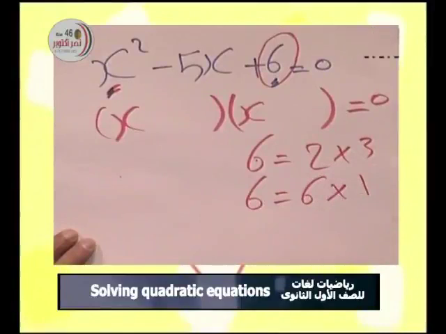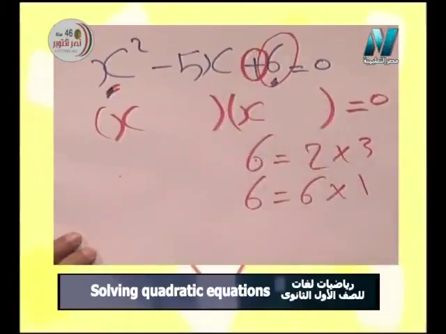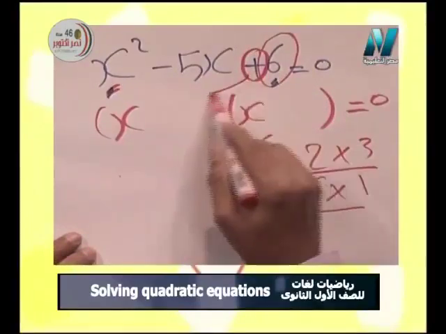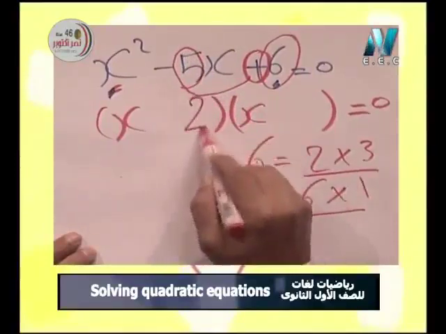We have to choose one of them. So if we have plus here, it means adding. So we search for two numbers from these whose sum equals 5. So we will choose 2 and 3. It will be easy. 2 multiplied by 3.